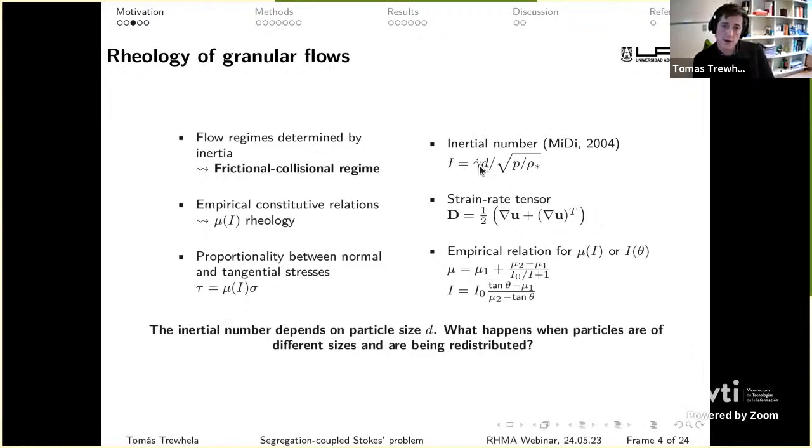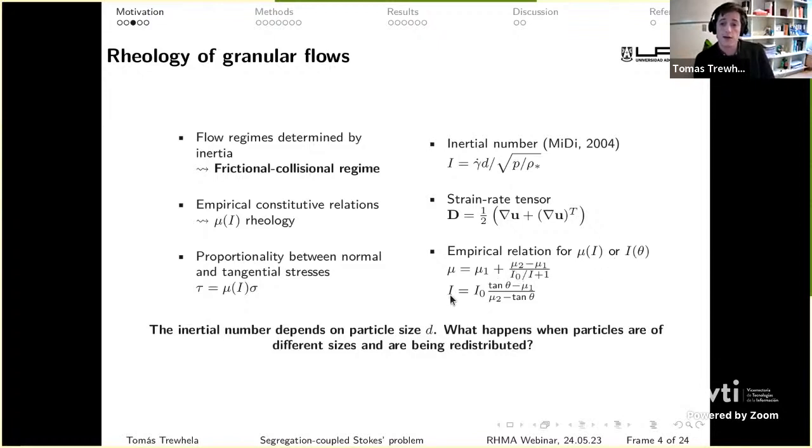And this inertial number, how is it tied to this mu? They are tied basically by an empirical relationship. In this relationship, you just fit two parameters, this mu2 and mu1, for a specific mixture of grains or a specific material or granular material.